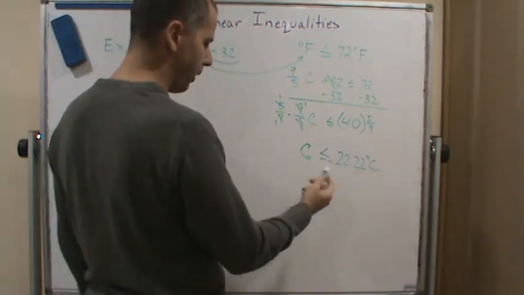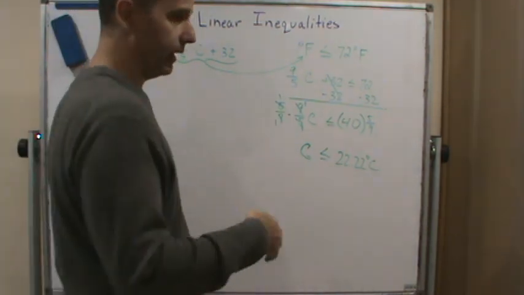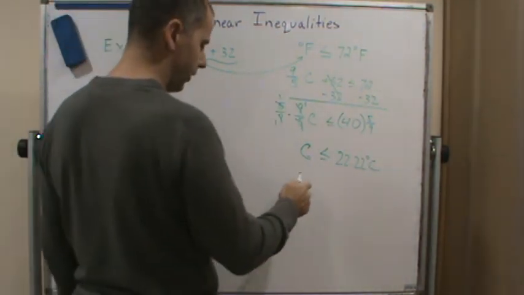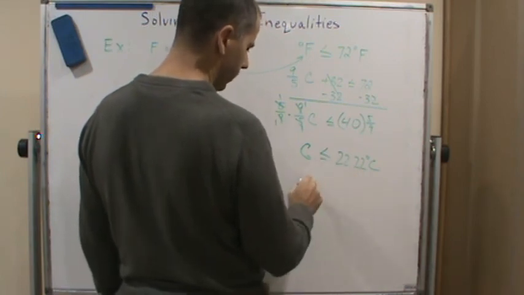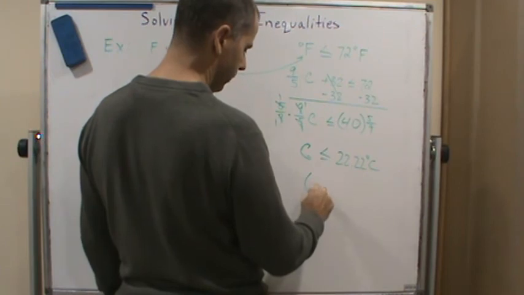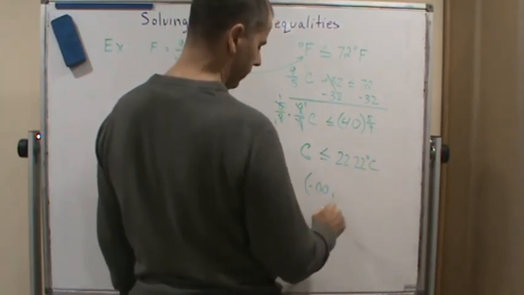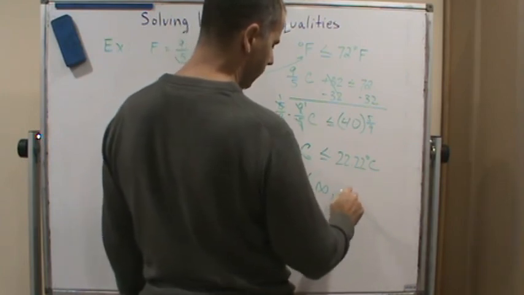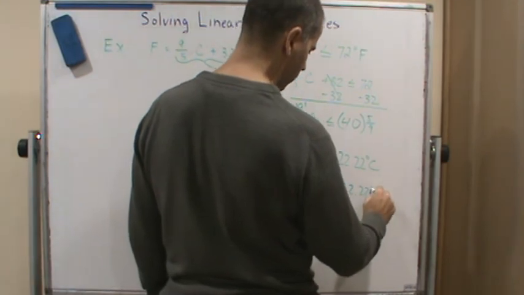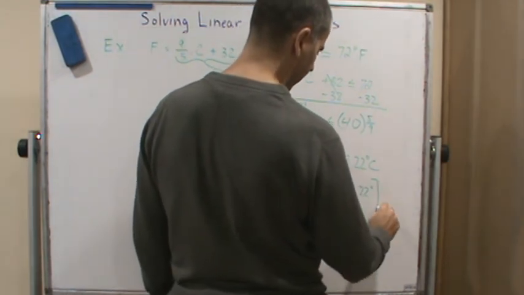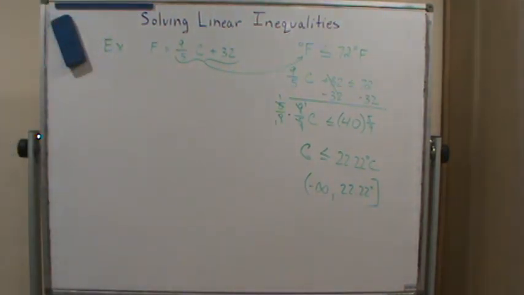What is the range of the temperature at which the thermostat will kick on, the heating element and the fan, the heater? It will be from negative infinity, theoretically, to 22.22 degrees, and then we have a square bracket because it's less than or equal to.